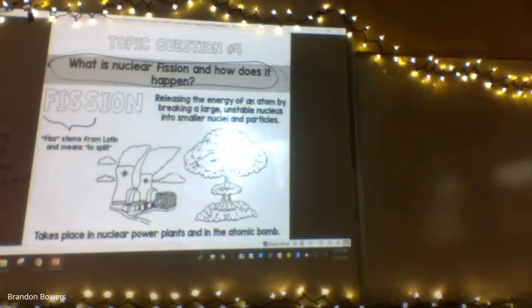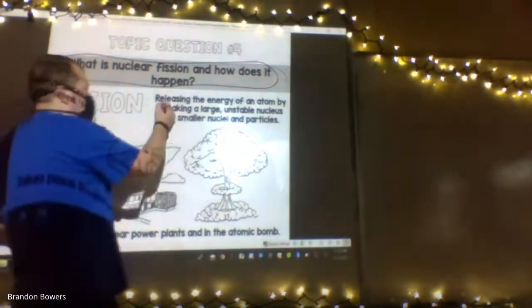So if we look at this, got the question. Fiss, F-I-S-S, stems from the Latin, means to split. All right, we're splitting things up. That's fission. We're taking a nucleus and we're splitting it up.